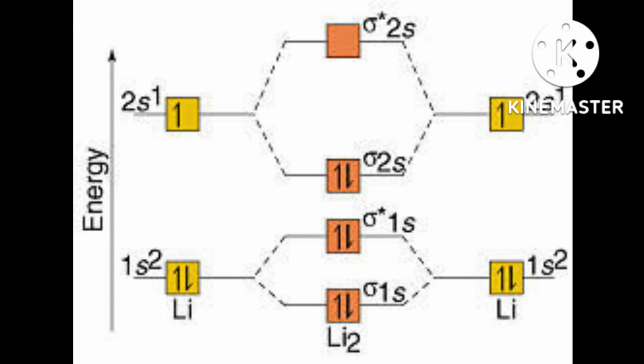If the internuclear axis is taken to be in the Z direction, it can be seen that a linear combination of 2pz orbitals of two atoms also produces two sigma molecular orbitals designated as sigma 2pz and sigma star 2pz.